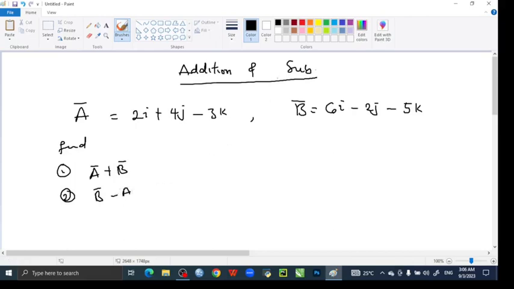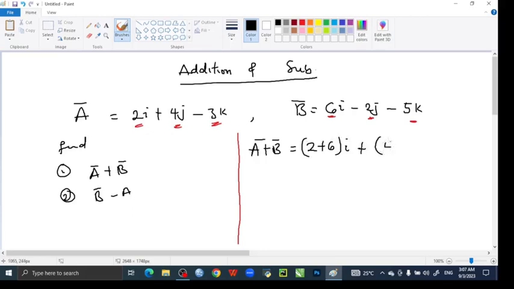So let's say A plus B. You add i to i, j to j, then k to k. You don't mix them up. So you have 2 plus 6, because that is the one that has i, and you put the i outside the bracket.